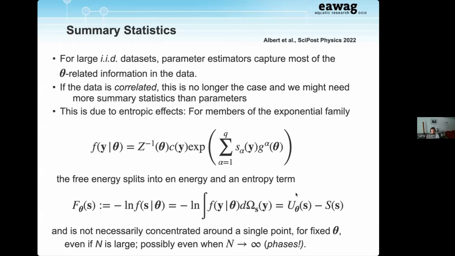The energy term basically just measures the likelihood of a model realization for a given set of summary statistics, whereas the entropy counts, if you will, the number of model realizations that lead to a particular set of summary statistics. And these two can be at odds with each other and lead to multimodal free energy landscapes.